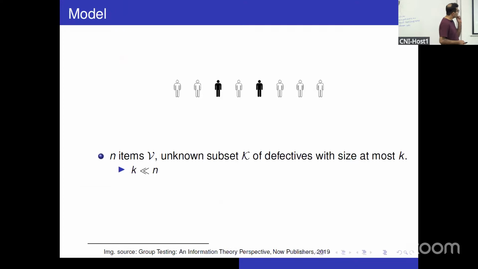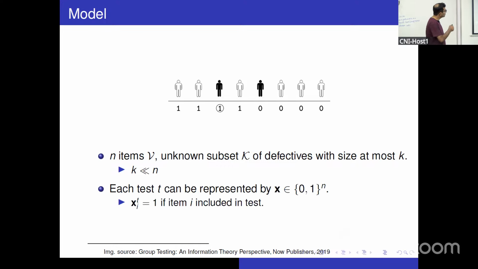So just to formalize the model a little bit, we have some n items, and we have an unknown subset of defectives whose size is at most k, and usually k we'll think of as being much smaller than the total number of items. And each test we can think of as an n length vector, where ones denote items that are part of the test or are in the pool, and zeros mean those items are not being considered in the pool.